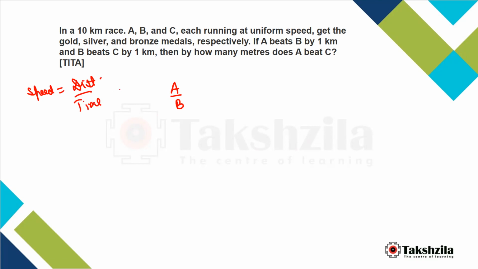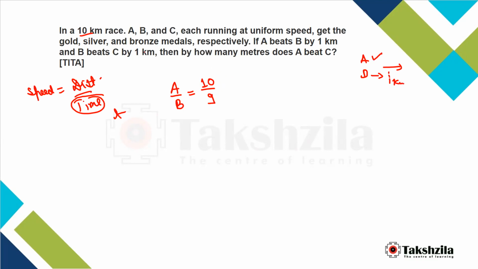If A beats B by 1 kilometer, then time will be constant, because A completed the race first and B was 1 kilometer behind. This is a 10 kilometer race, so A completed 10 kilometers in time t. In the same time, B completed 1 kilometer less, so 10 minus 1 will be 9. This is how the speed ratio is the distance ratio.